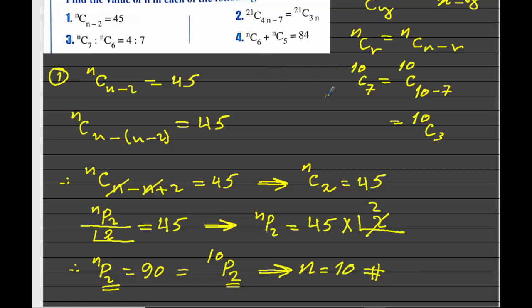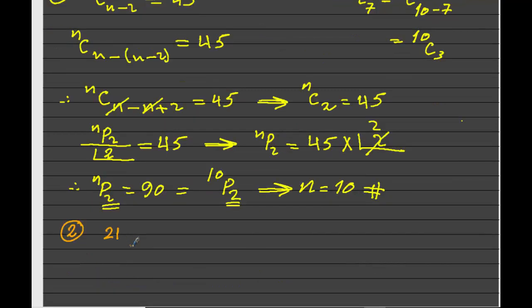Question number 2, example 2. 21C(4n-7) equals 21C(3n).